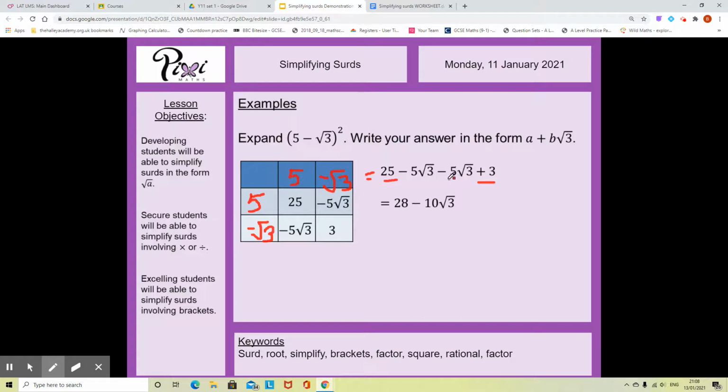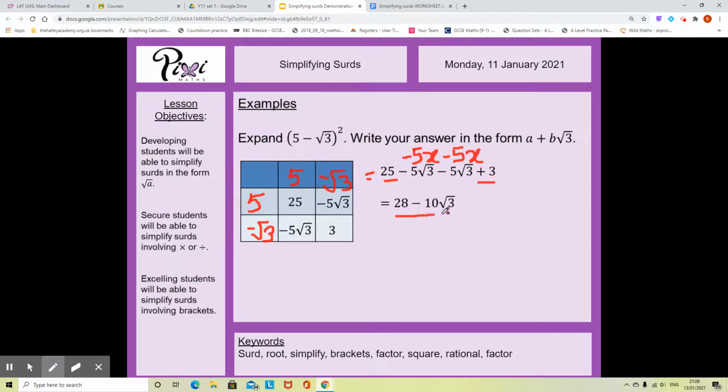Minus 5 square root 3 minus 5 square root 3 is minus 10 square root 3, which is very similar to simplification of an algebraic expression: minus 5x minus 5x gives us minus 10x.